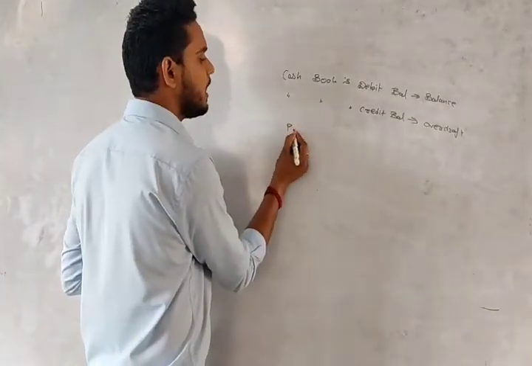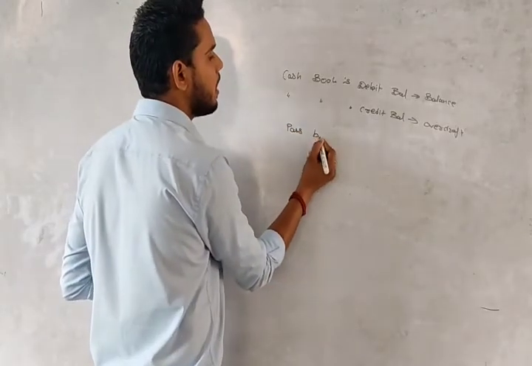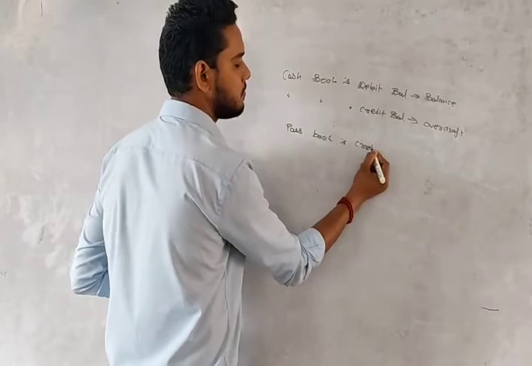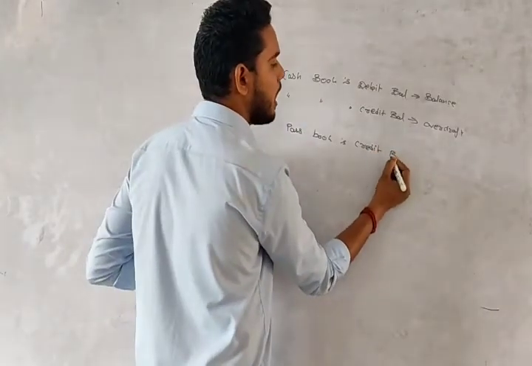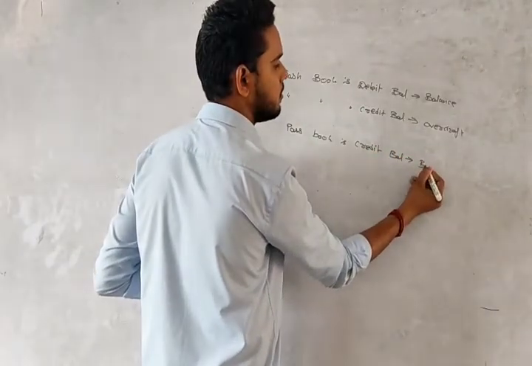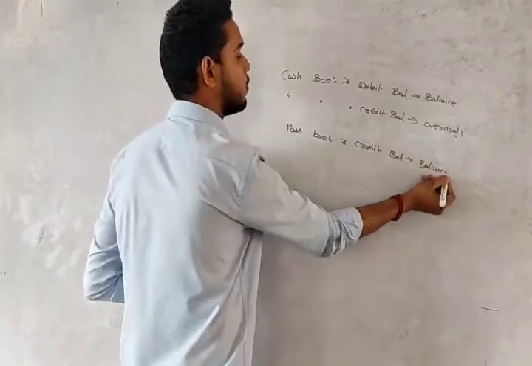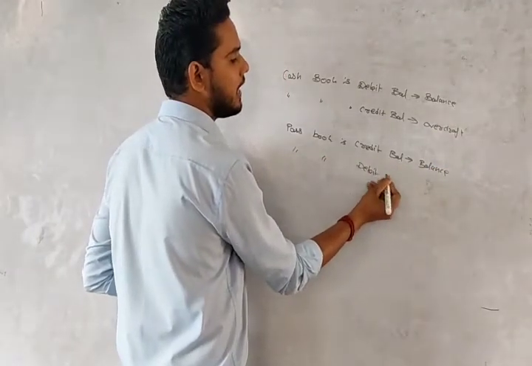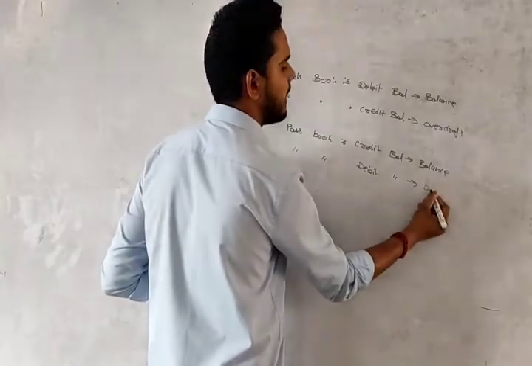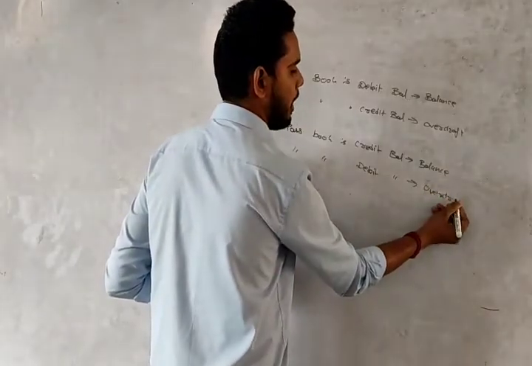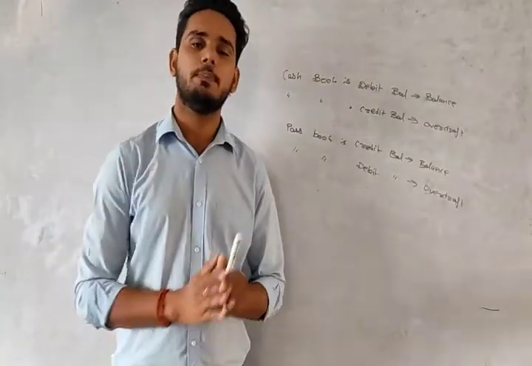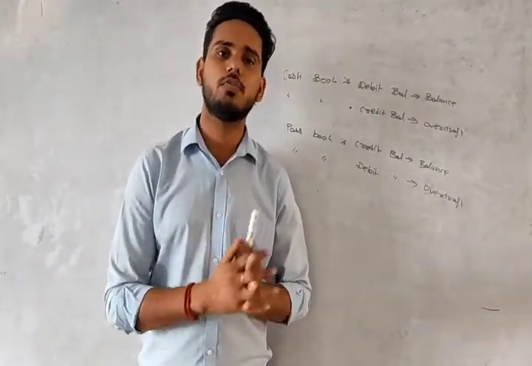So we can say that if we are having a passbook's credit balance, that will be a balance actually, opposite of cash book. And if we are having a passbook's debit balance, that is a negative balance, known as OD or overdraft. So you can see the passbook is totally opposite of cash book.